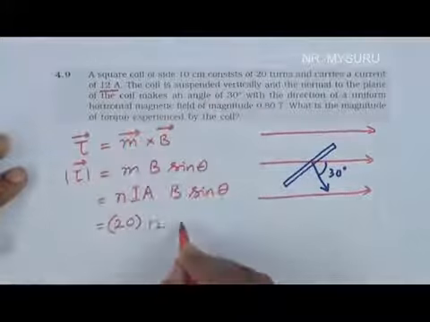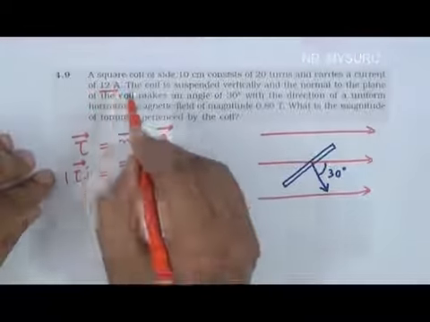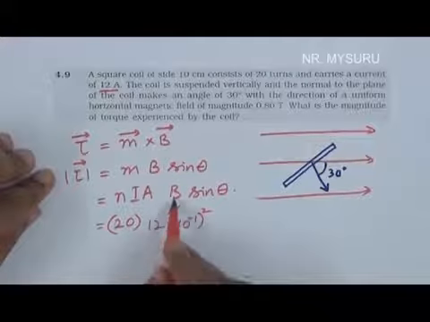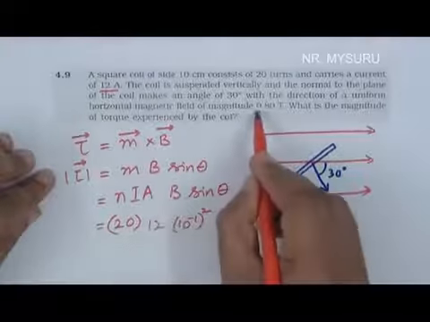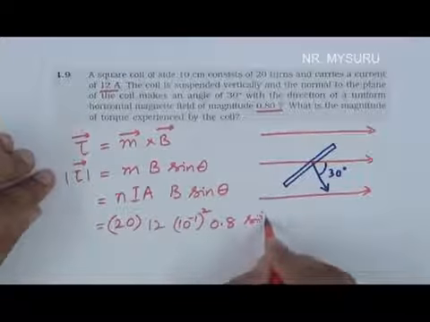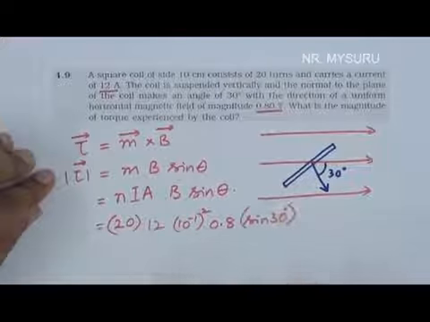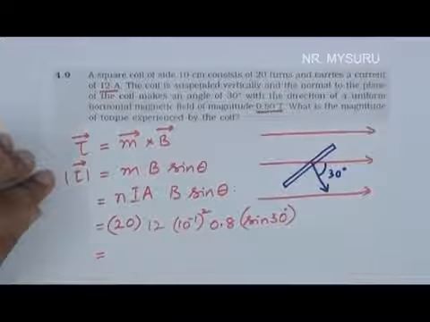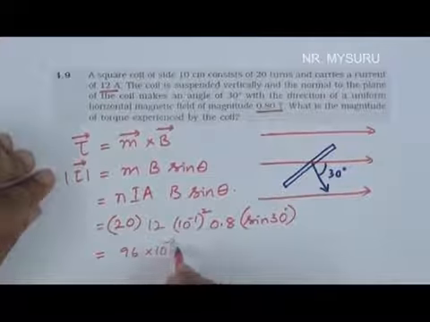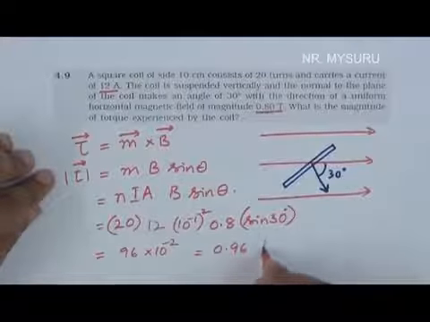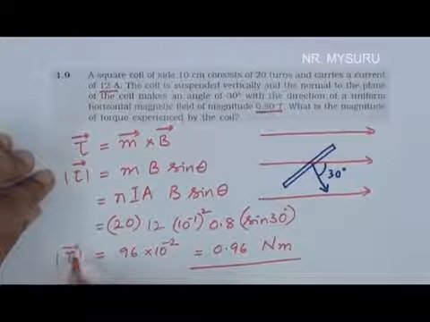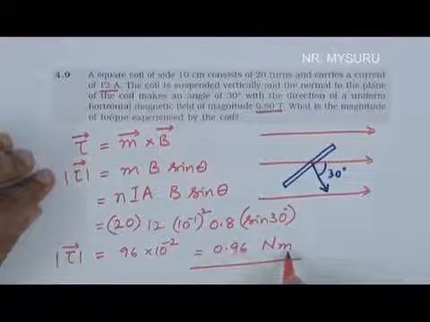The area: this is a square coil, therefore 10⁻¹ is the length of each side, squared. The magnetic field is 0.8, into sin 30, which is equal to 96 × 10⁻², that is 0.96. Torque is in Newton meter. So the magnitude of torque is 0.96 Newton meter.